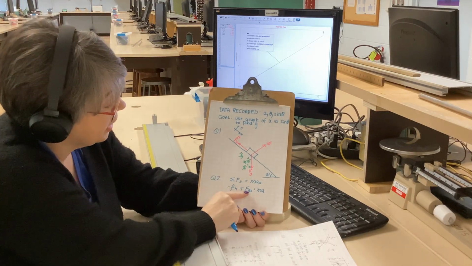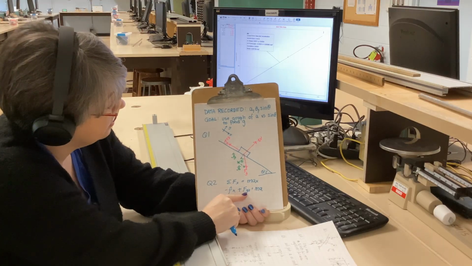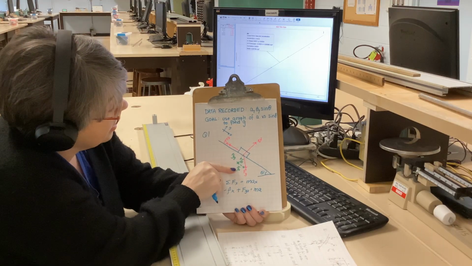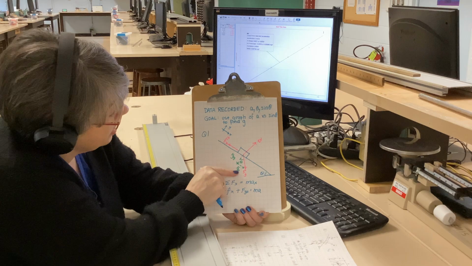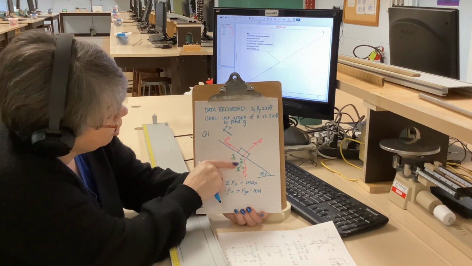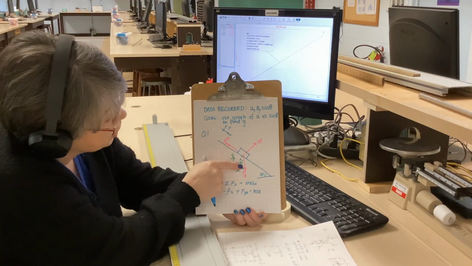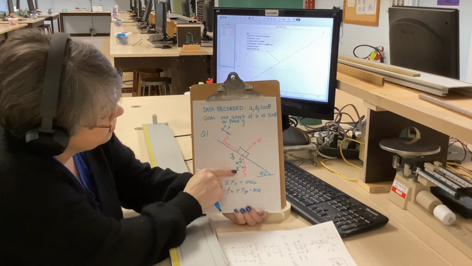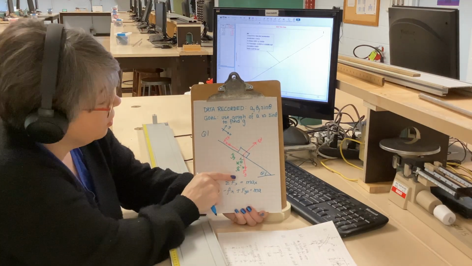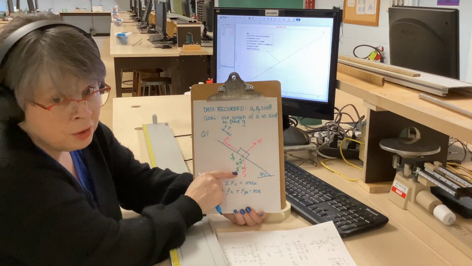In your lab instructions, it says include m, a, theta and g in your equation. We're not quite there yet, so let's think about how we write down Fgx. In this triangle, Fgx and Fgy are perpendicular. They're the legs of a right angle triangle where Fg is the hypotenuse. Fgx is opposite the angle, so we can use our sine function to write Fgx.